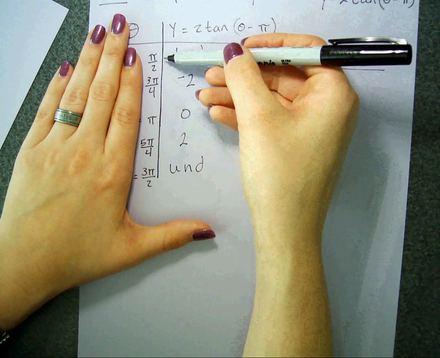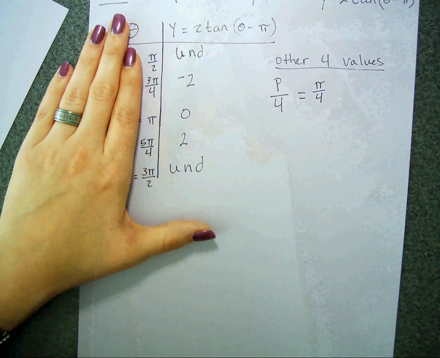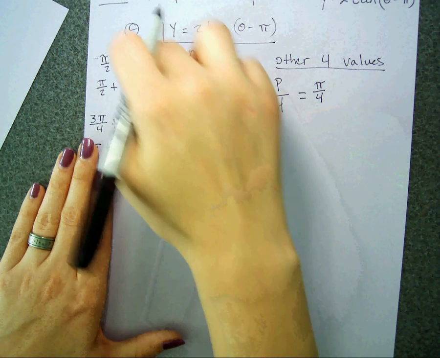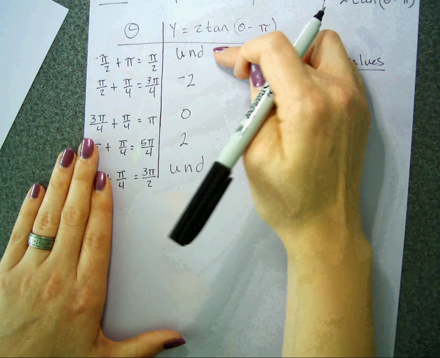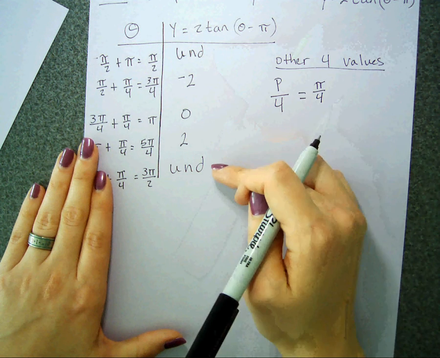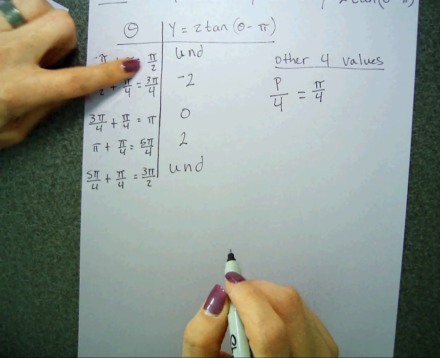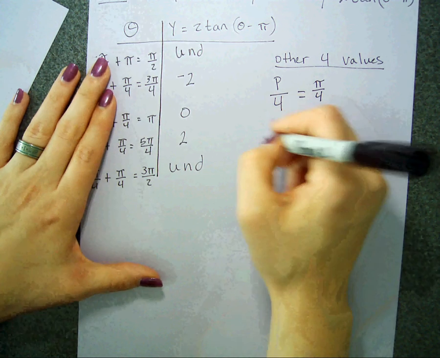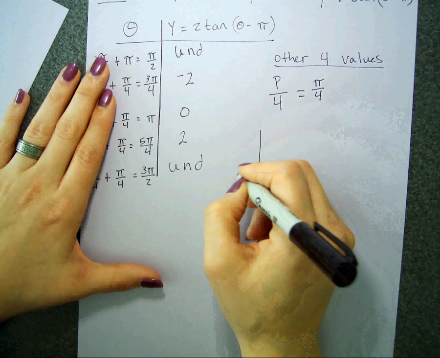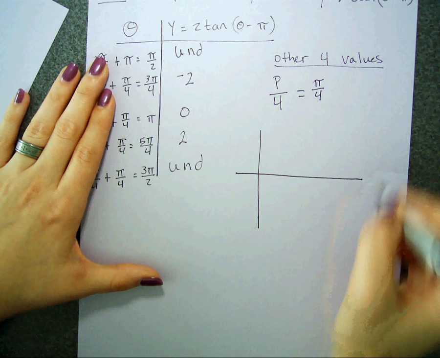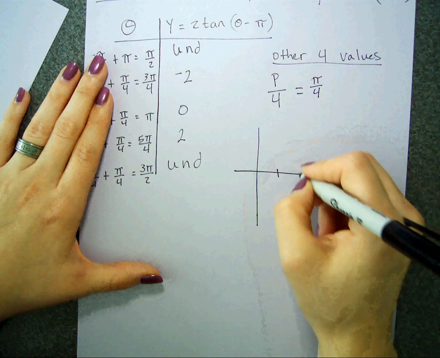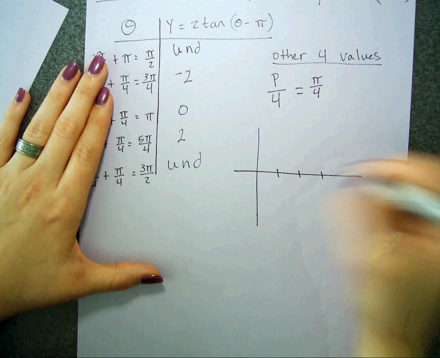So now I have all of my points. I know where my vertical asymptotes will be, and I can graph. So all of my theta values are positive, so I only really need the positive side. So I'm going to have pi over 2, 3 pi over 4, pi, 5 pi over 4, and 3 pi over 2.